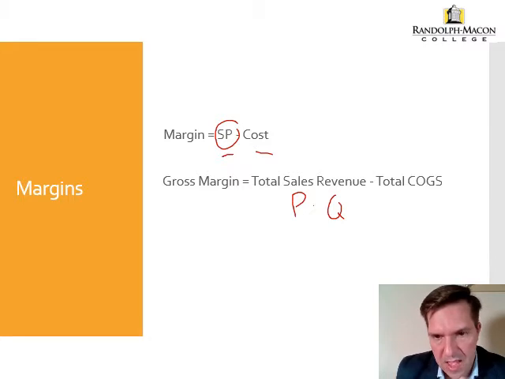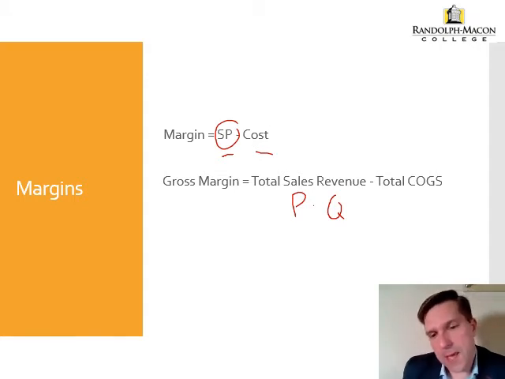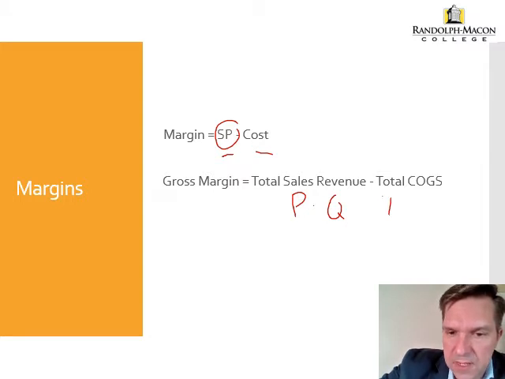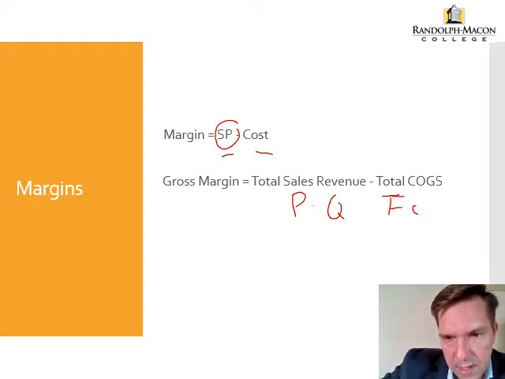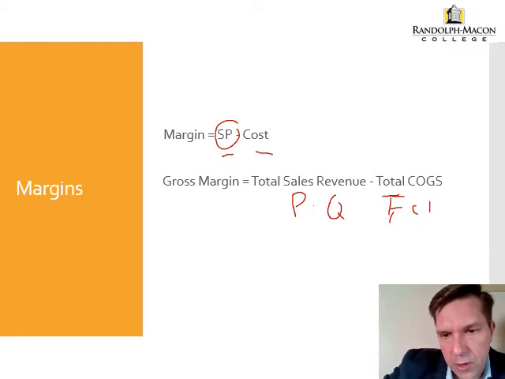Then I'm going to have the total cost of goods sold, which is also going to be a function of Q. The total cost is going to have two parts. It's going to have the fixed cost part, FC, plus your variable cost.